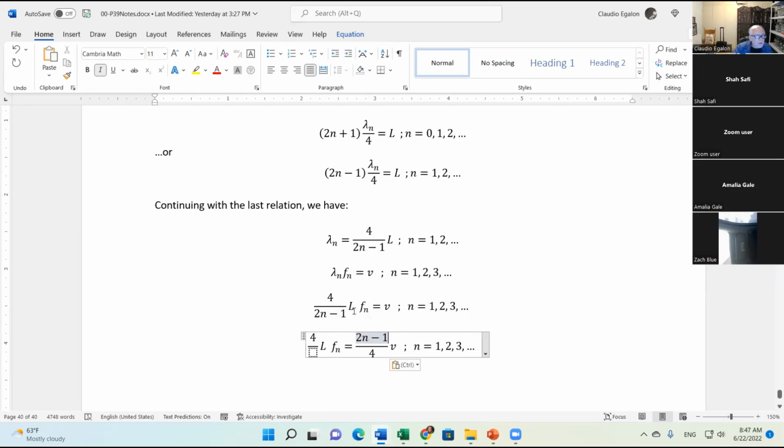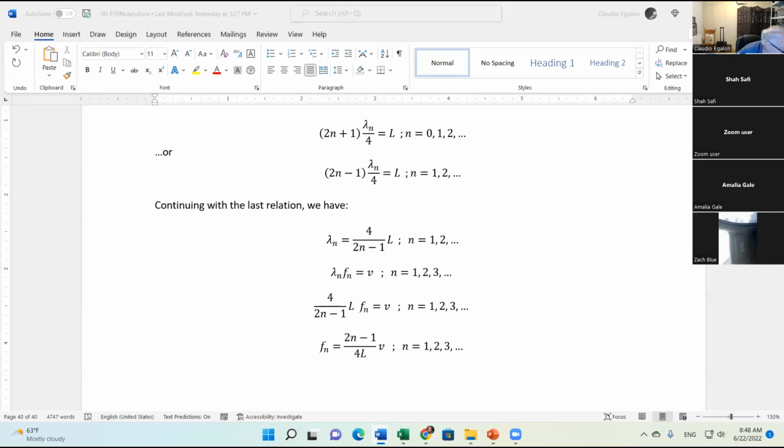I plug it in, yeah. It's going to be 4L, like that. Okay, so those are the possible wavelengths that fit in there.